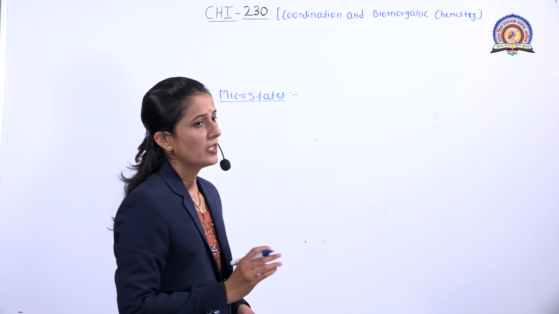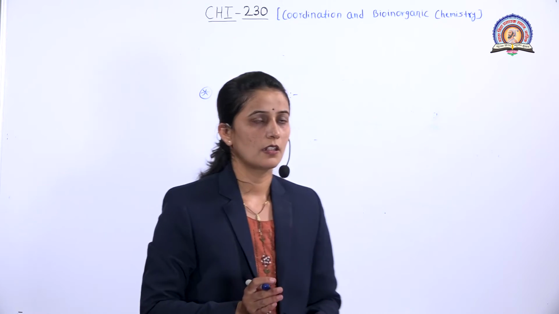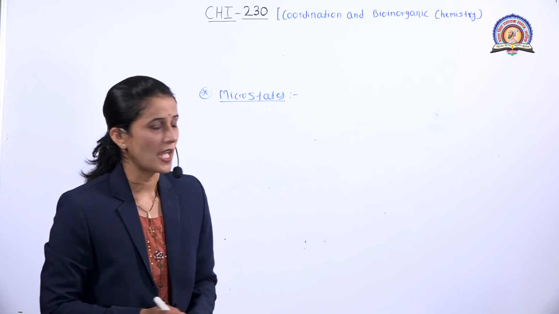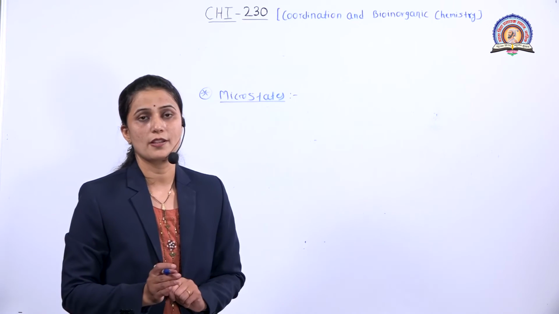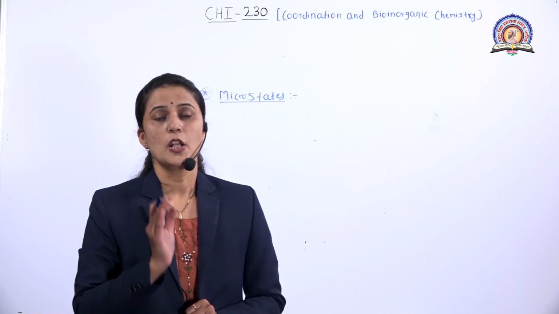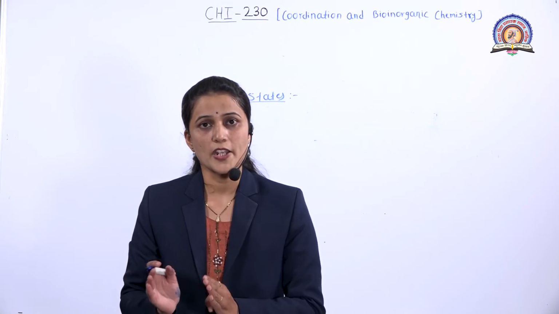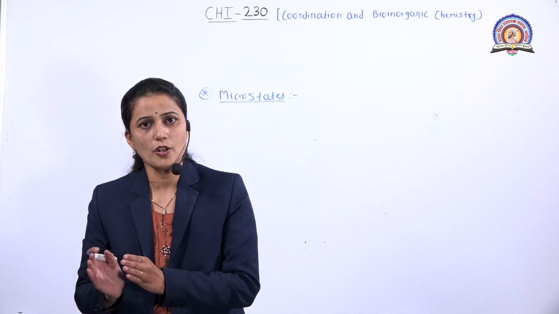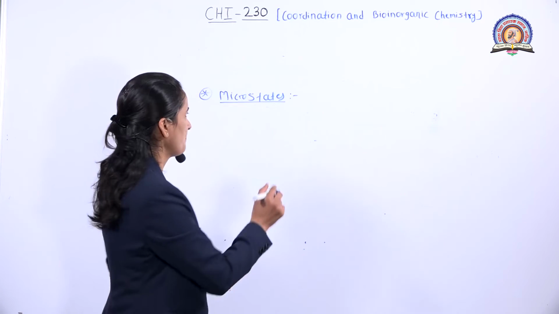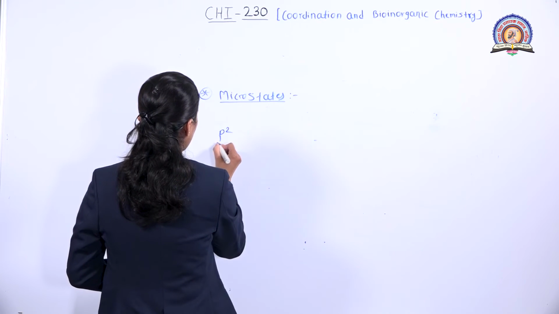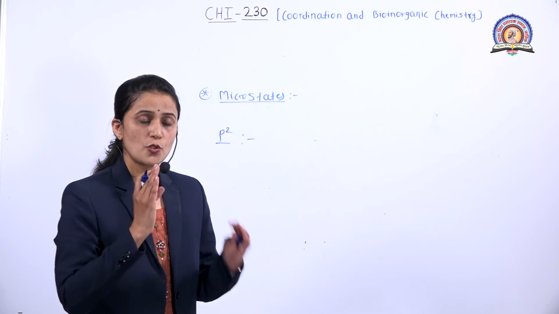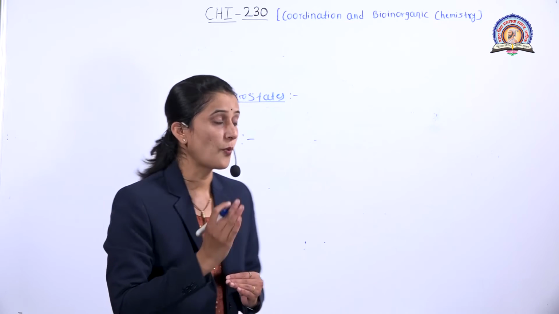If any term or configuration or symbol is given, we can calculate its number of microstates. What is meant by the number of microstates? It means the total number of possible arrangements of the electrons of a given configuration. If the P2 configuration is there, we have 2 p electrons, so the total number of possible arrangements.